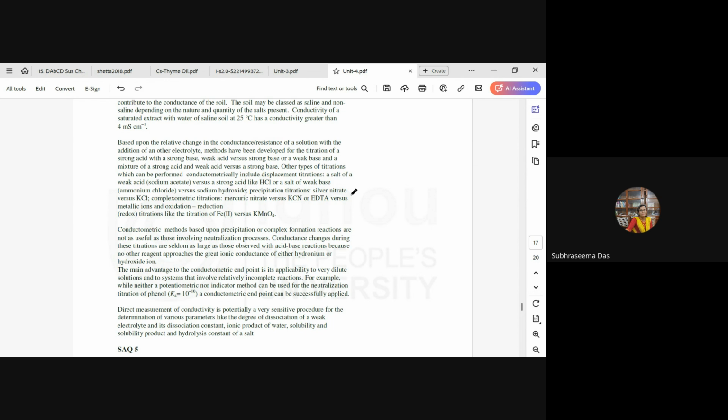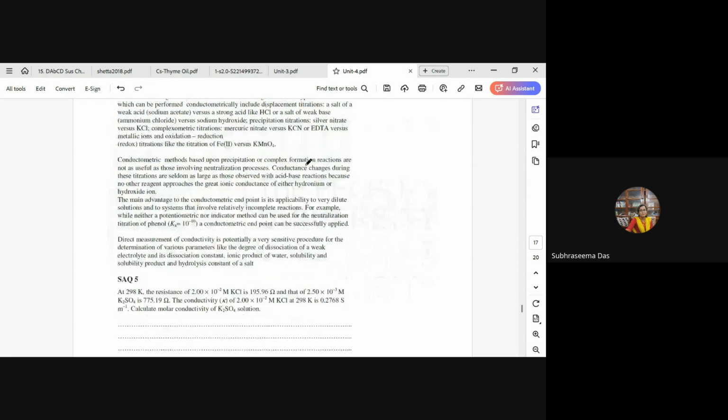The main advantage of the conductometric endpoint is its applicability to very dilute systems and to systems that involve relatively incomplete reactions. For example, when neither a potentiometric nor an indicator method can be used for the neutralization titration of phenol, conductometric titration can be successfully applied.